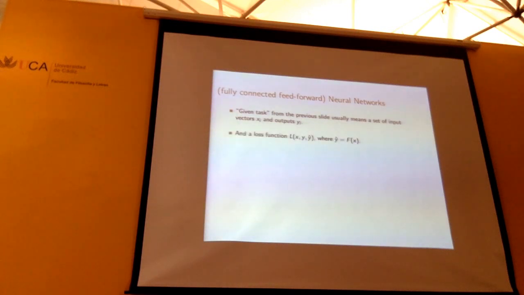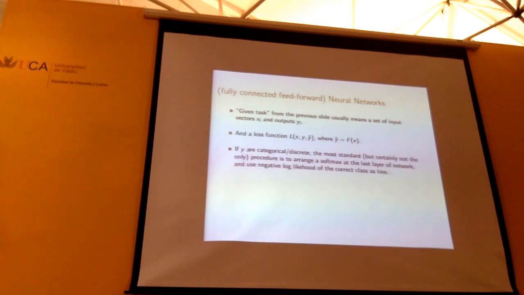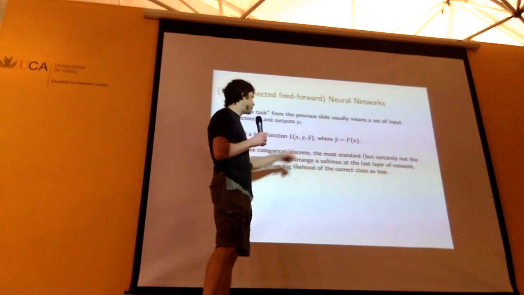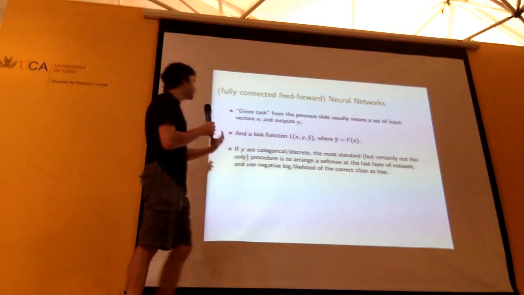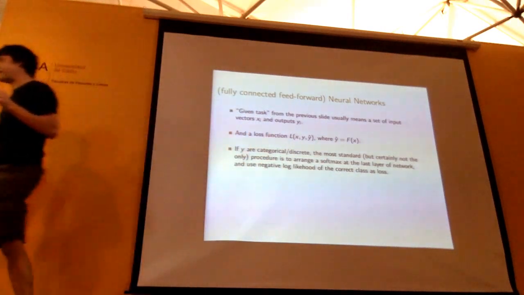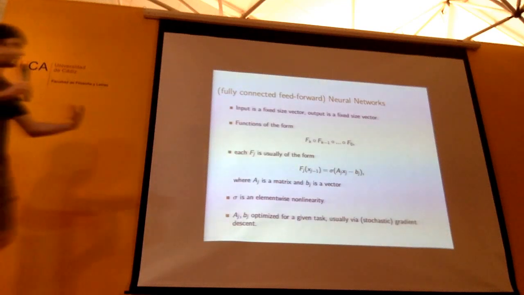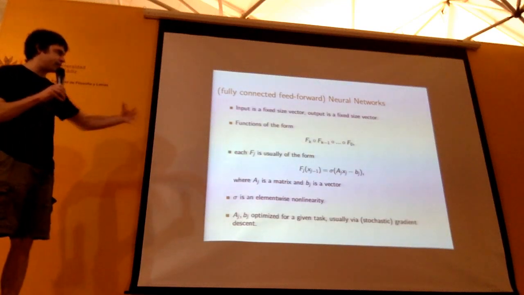So task just means loss and data in this sense. And then if the outputs are supposed to be categorical, you need to do something, because the machine I described on this slide, you do a bunch of stuff and you get a vector after several layers.